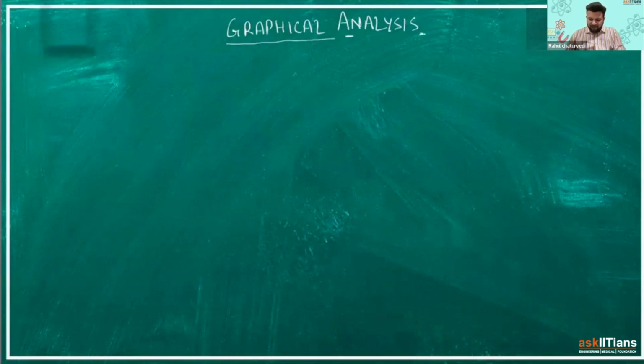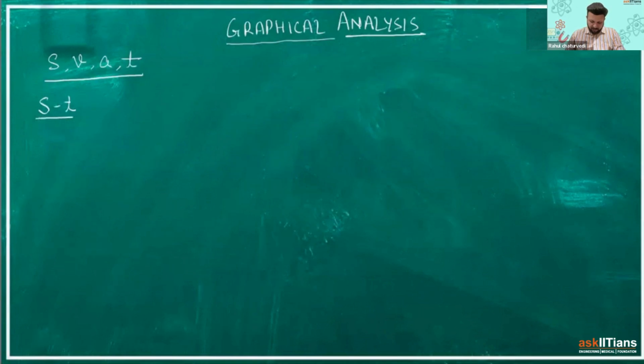Under graphical analysis, we have a few variables in motion in a straight line, and these variables are displacement, velocity, acceleration, and time. So we will see the case of displacement versus time graph, velocity versus time graph, and acceleration versus time graph.